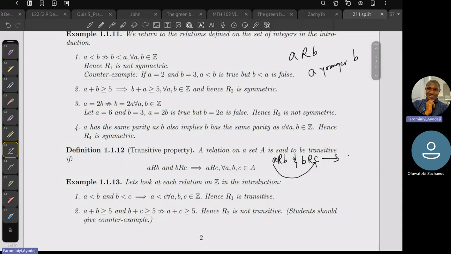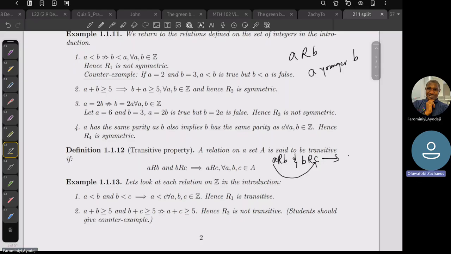So is it reflexive? I couldn't get that statement, sir, because the network was breaking. I'm saying if we are going back to the family again and we are looking at the relationship in terms of who is younger than who, A is related to B if A is younger than B. Is it symmetric? Is it reflexive?